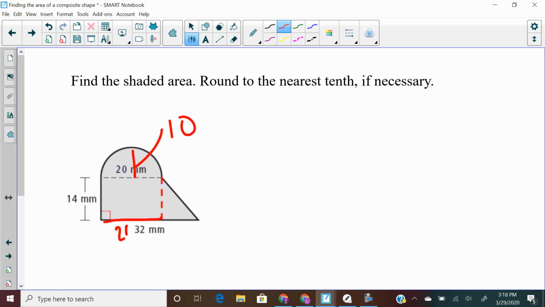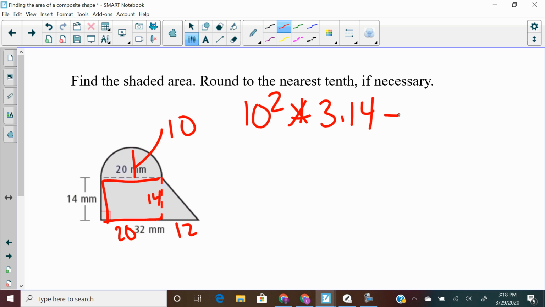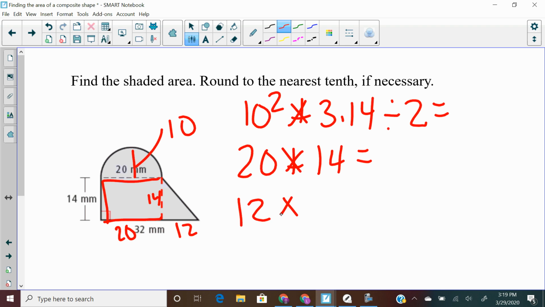My rectangle is 20 by 14. And then my triangle is 12 by 14. To do this semicircle, I'm going to do 10 squared times 3.14 and then divide by 2, because it's half a circle. For the rectangle, I'm going to do 20 times 14. And for the triangle, I'm going to do 12 times 14 divided by 2.